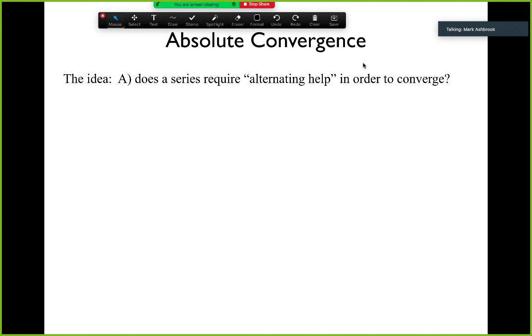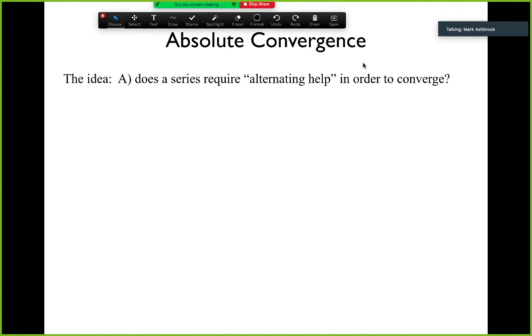So let's talk about a new concept called absolute convergence. Here's the idea. Does the series require the alternating help in order for it to converge? So we saw with the harmonic series, the harmonic series diverges, but then when you make it alternate, like you found out in recitation, then it converges.